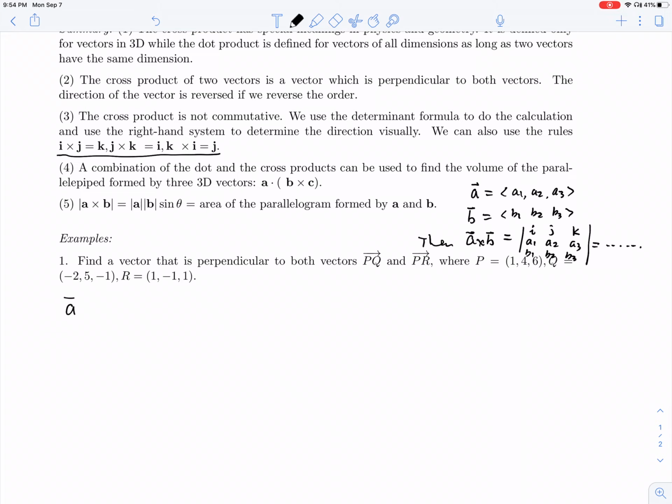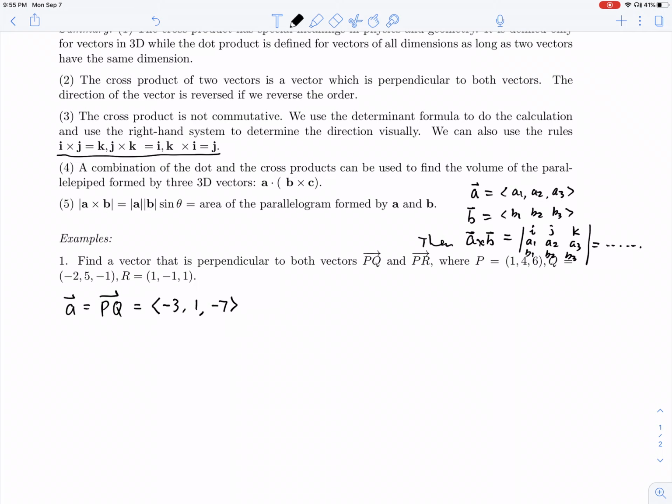Let me call this one simply A, and A is going to be PQ. Remember, PQ means P is the tail and Q is the tip, so we use the point Q and subtract P. So this is going to be -2 minus 1, -3. 5 minus 4 is going to be 1. -1 minus 6 is going to be -7.